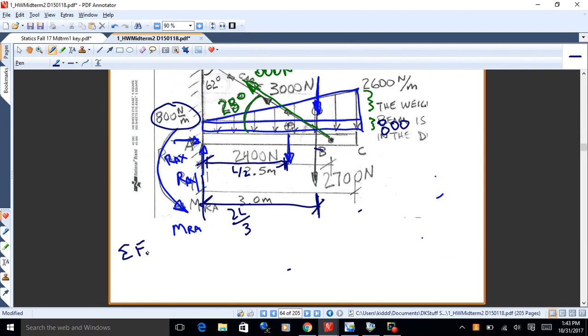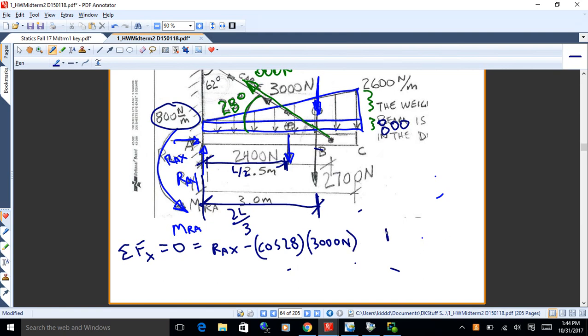So the equations are going to be sum of Fx and Fy equals 0. If you do sum of Fx equals 0, what are you going to have there? You're going to have RAx. That's positive because I assumed it to the right. And then minus cosine 28 times 3,000 newtons.